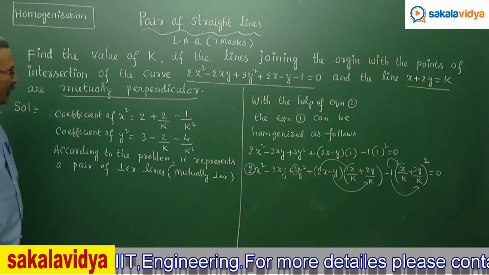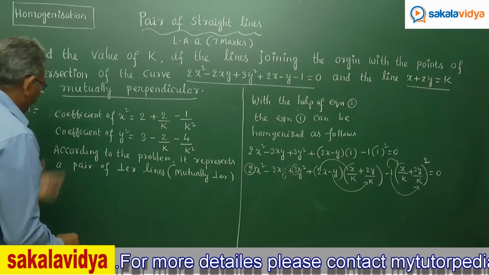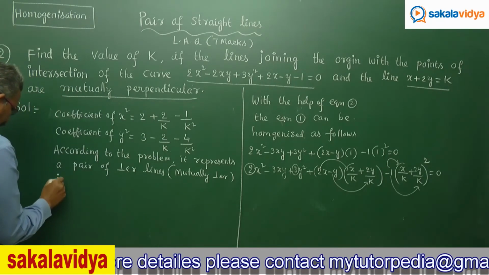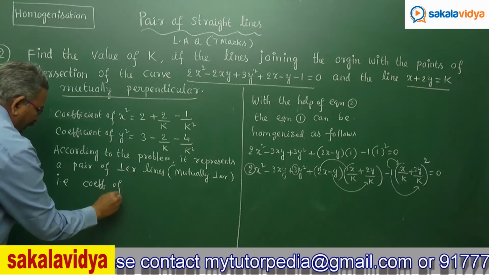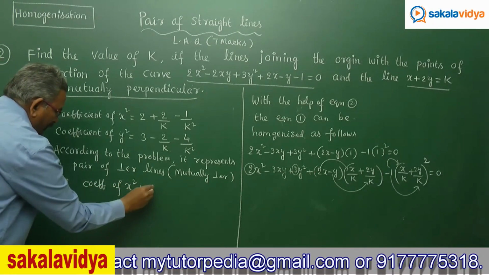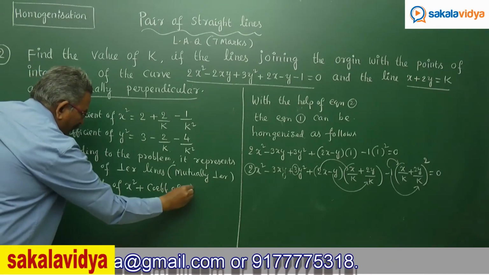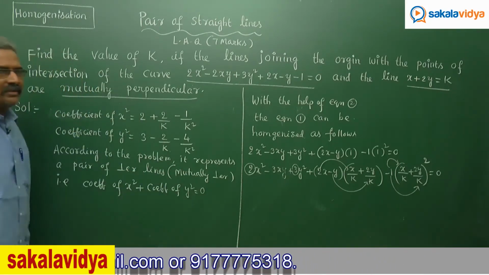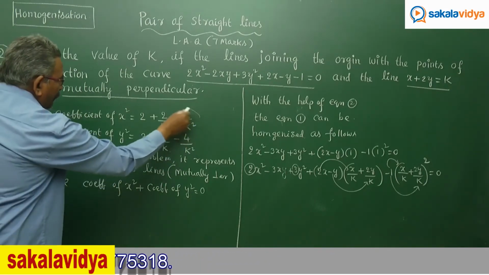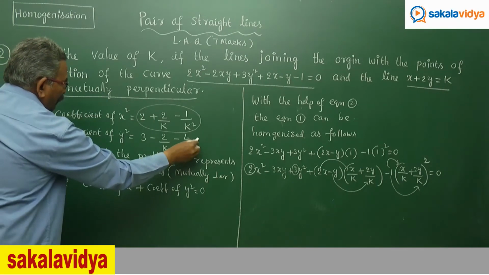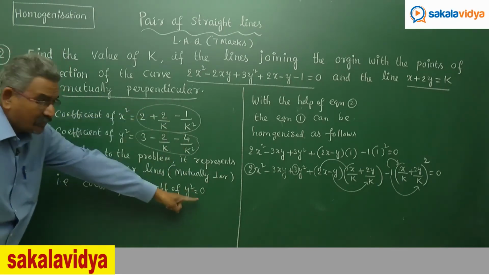Understood now? So the converse of the statement has to be applied here, that is, the coefficient of x square plus the coefficient of y square should be 0. This is very important. So the coefficient of x square means this one, the coefficient of y square is this one. So let us add these two and equate it to 0.